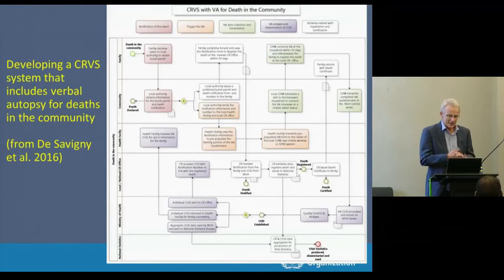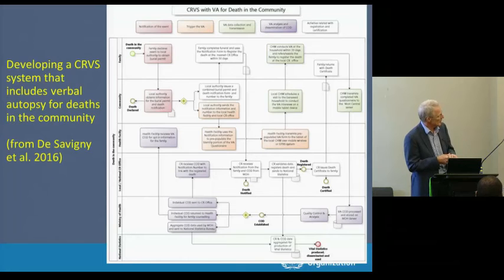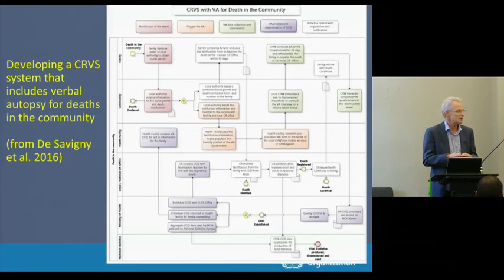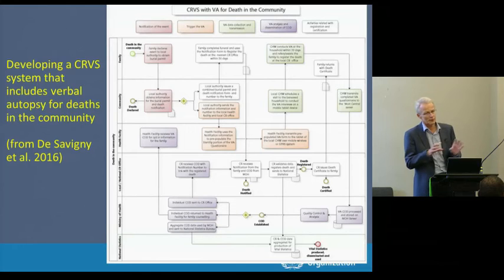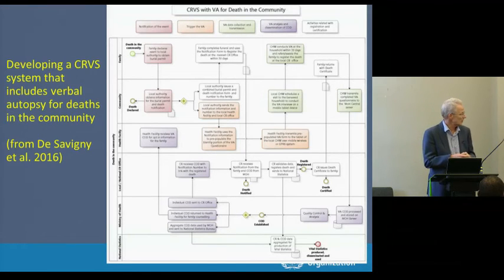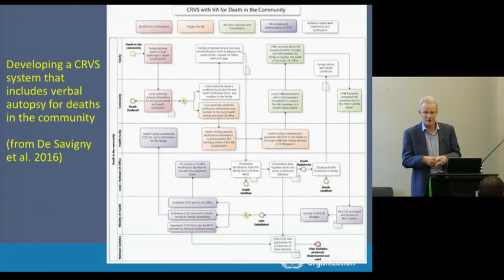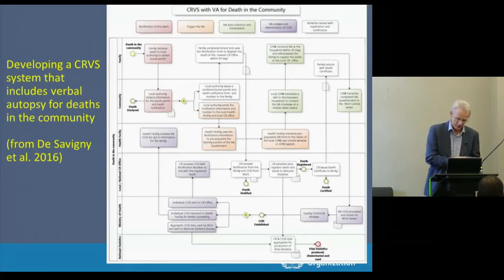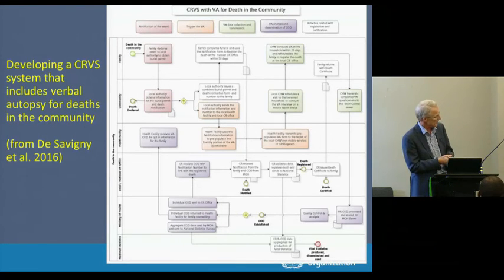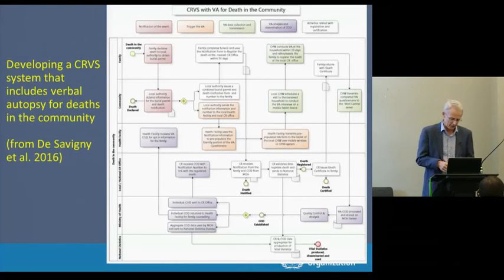Now, you can't see this, but I just wanted to show this, that developing a civil registration and vital statistics system that includes verbal autopsy for death in the community, which we all think is essential, is something that needs to be thought through in quite some detail. And Don de Savigny and some of his colleagues have thought this through, and I think there's a paper just submitted that thinks about all these different aspects.